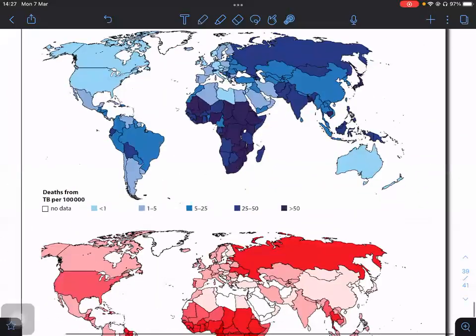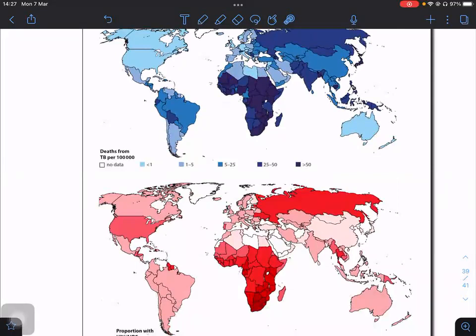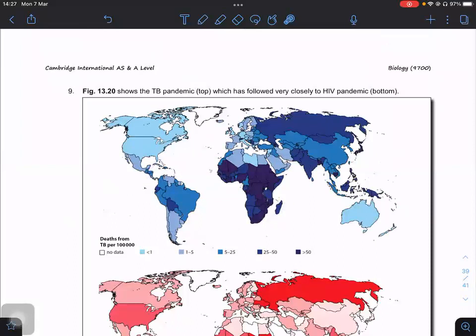So you look at this map and you compare the regions of the world. This map actually tells us a lot of the story. Okay, this is a part where you need to develop this kind of skill when you answer the question, no choice. Now what does this map actually tell us? Look at this. First, you can see the death from TB.